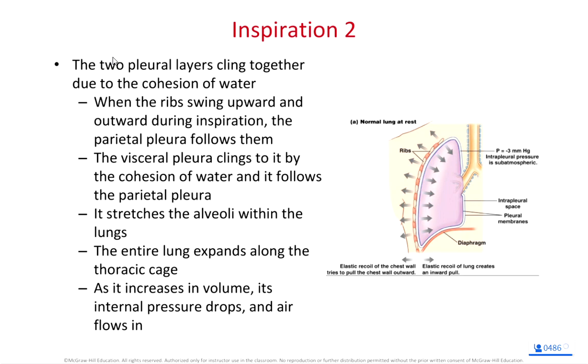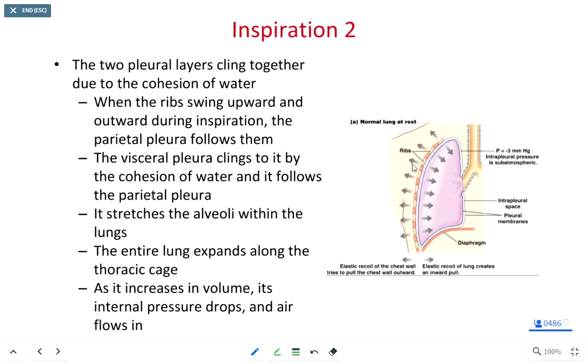As we look at it, you can look at this diagram and see how there's the pressure pulling out, the intrapleural pressure pulling the lungs out against the rib cage. And then there's the elastic recoil of the lungs trying to pull the lungs away from the rib cage.